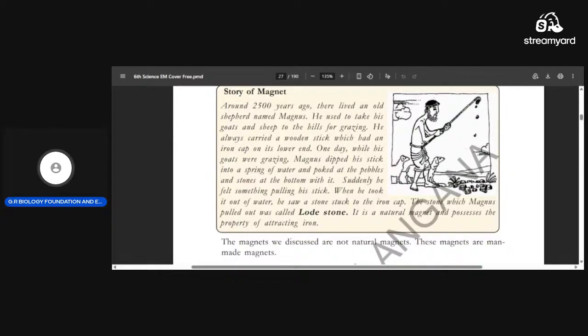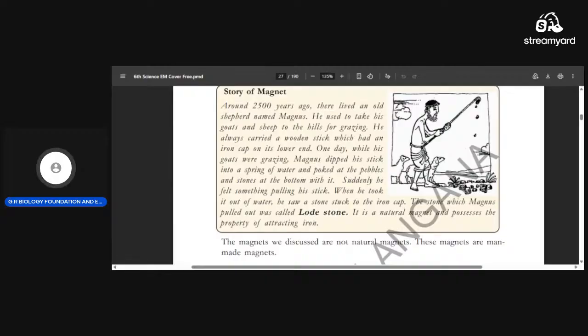So he sat near the water stream. By using this stick, he was poking into the water, and inside the water some stones were there. He was hitting those stones with that stick. One end of the stick has an iron cap and nail, so that is poking inside those pebbles and stones.